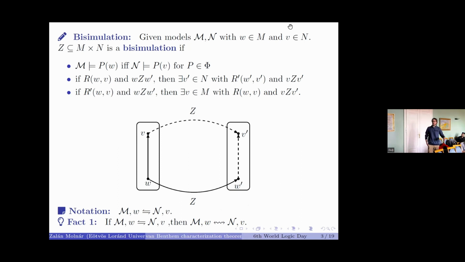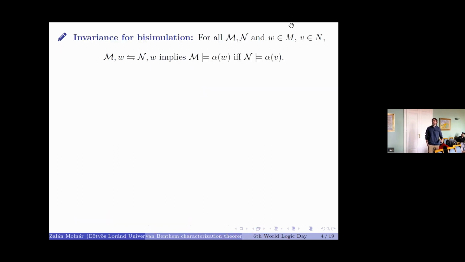So the message here is that bisimulation implies modal equivalence.